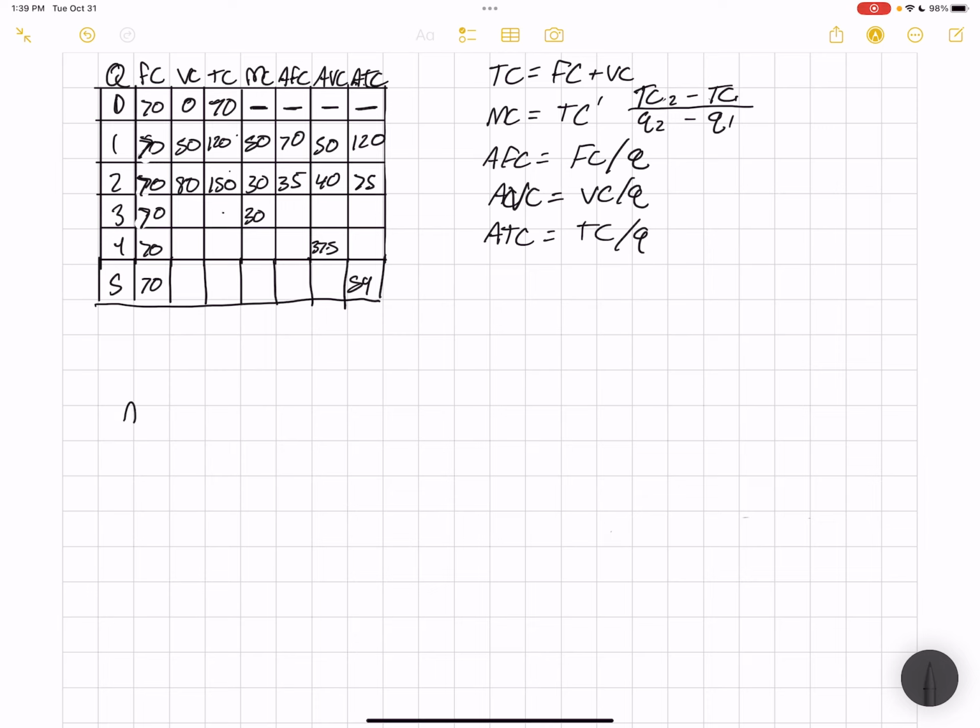So MC equals TC2 minus TC1. So if we have an MC of 30, 30 equals TC2, which is X, minus TC1, which is 150. You can just add 150 to both sides. So 150 plus 30 is going to be our total cost for the quantity of 3.